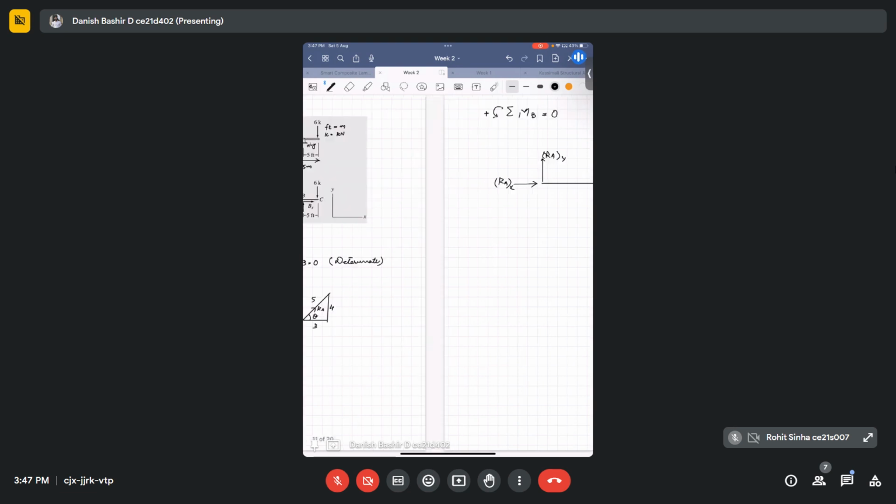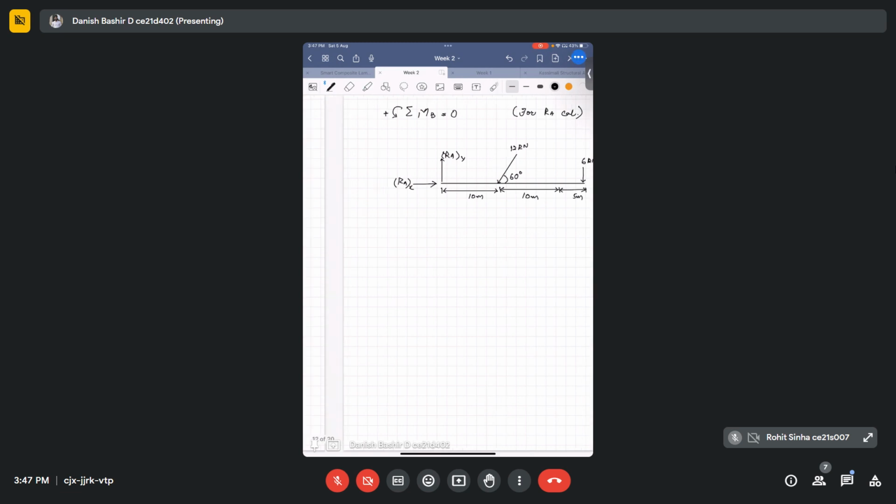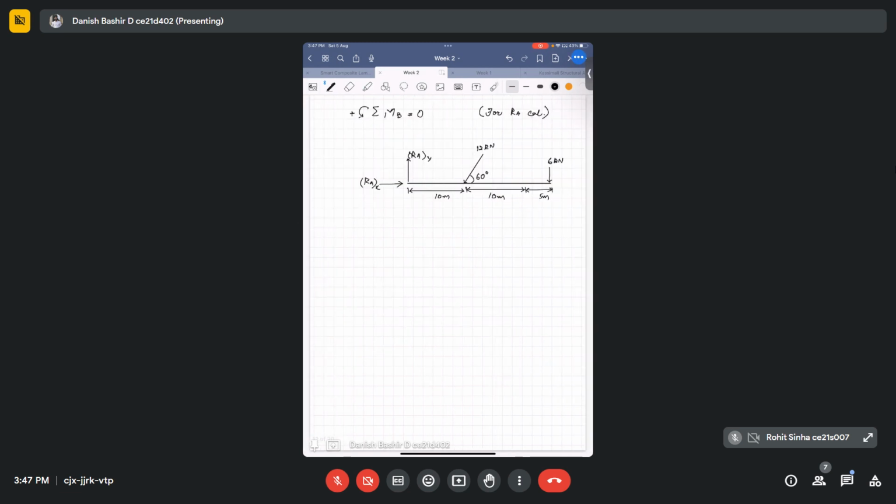And what are the distances? 10, 10, 5. This is 10 meter, 10 meter, and this is 5. I already told you the reaction is this, and we are choosing BX and BY like this. Here will be BX and here will be BY.